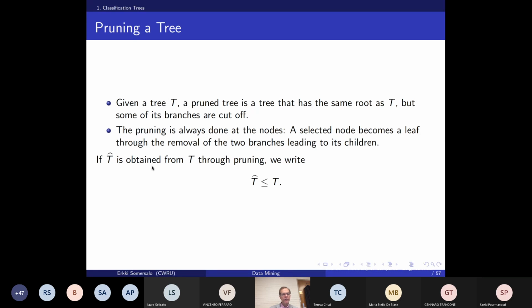And if you have a tree that is obtained from T by pruning, so T hat is a tree that I obtained from T by pruning, I'm using the notation that T hat is less or equal to T, so it is a subtree. So T hat is a subtree of T. So it has the same root, but some branches are missing. So that's what this notation means here.